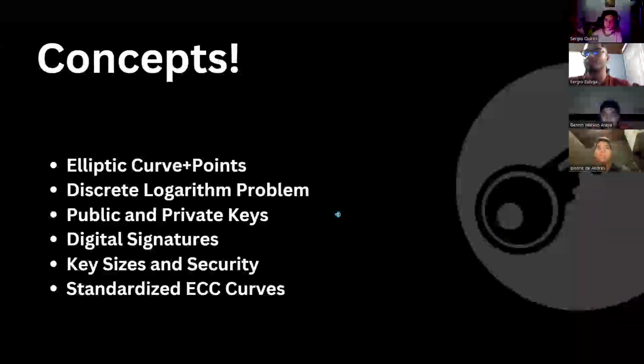Then we have digital signatures, which can use algorithms such as the elliptic curve digital signature algorithm, where a private key holder can sign a message using their private key, and anyone with the public key can verify the signature. Then we have key sizes and security.